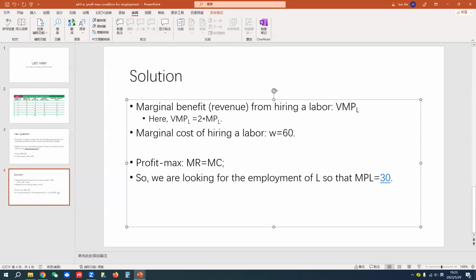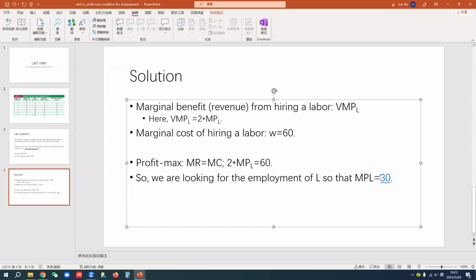That is to say, 2 multiplied by MPL equals 60. And here we can calculate the corresponding MPL, which is 30.